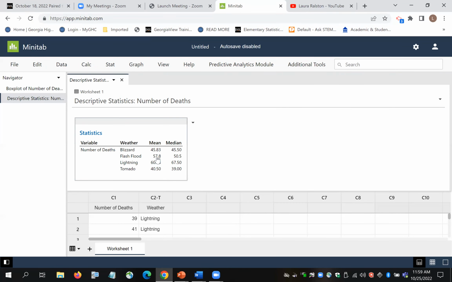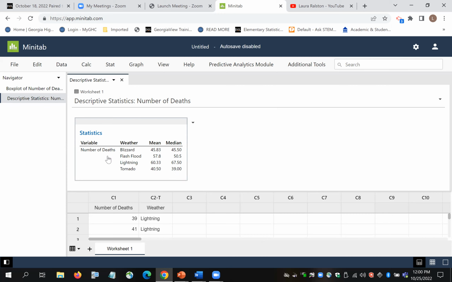If you compare, see blizzard, the median and the mean are virtually the same, so we would think that's normal. For flash flood, the mean is bigger than the median, so that's got some kind of skewness going on. Same thing with lightning. And we could argue that tornado is approximately normal.